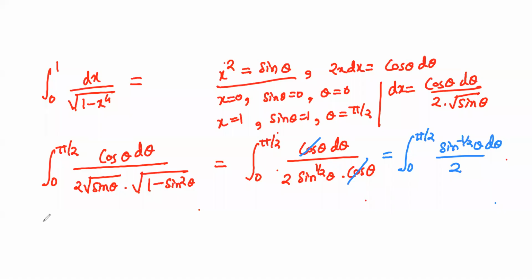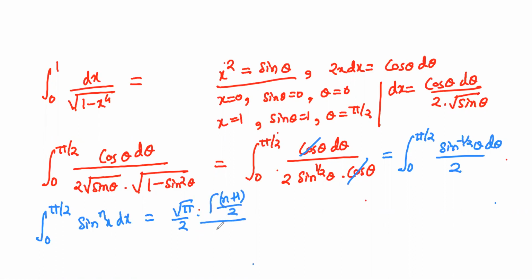Okay, write it down. Just now we have written that the integral 0 to pi by 2 sine to the power n x dx is under root pi upon 2, then gamma of n plus 1 upon 2 divided by gamma of n plus 2 upon 2.